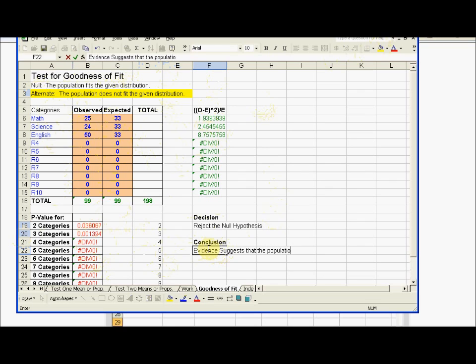So in other words, what we have here are observed numbers of students, and at first glance it looks like no way does it fit this, because you've got 50 people going to English and only 25 and 24 going to math and science.